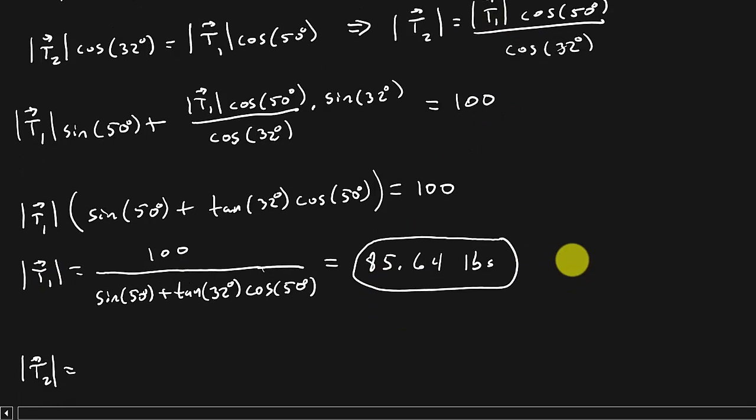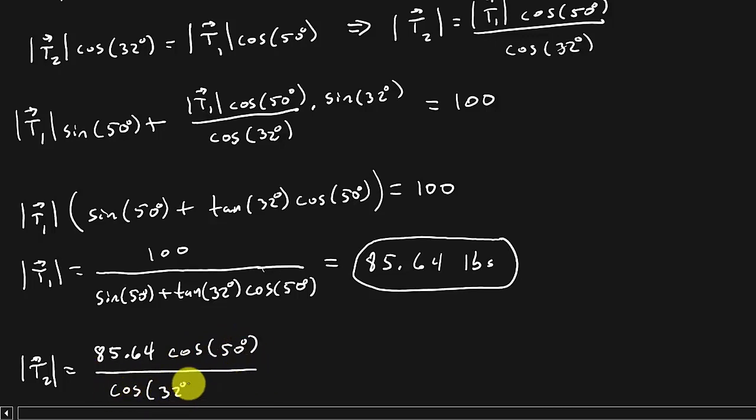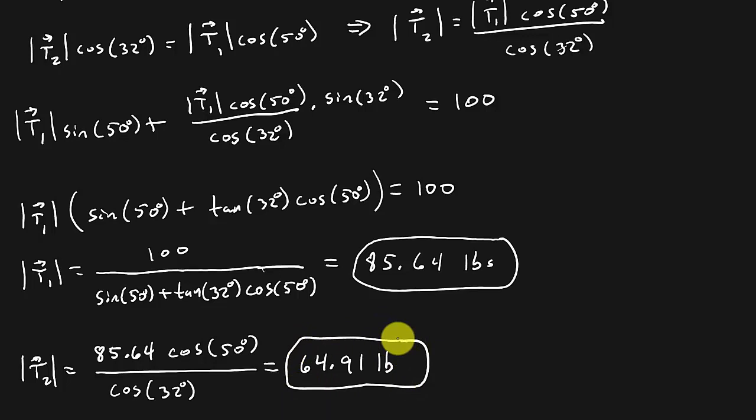So that's going to give us 85.64 times cosine 50 over cosine 32. Punch that in your calculator. You get 64.91 pounds. Okay. That's the magnitudes of T1 and T2.